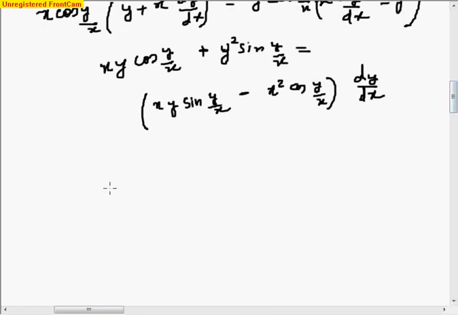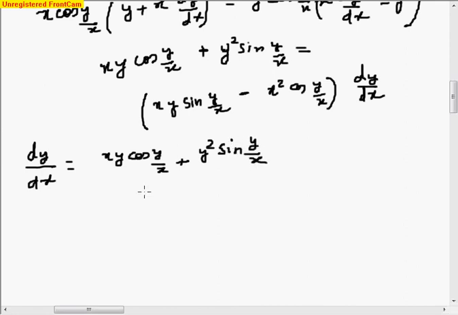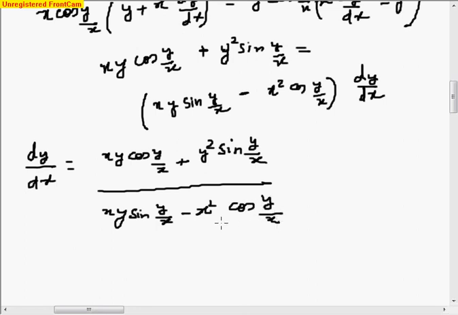dy by dx is equal to xy cos of y upon x plus y square sin of y upon x upon xy sin of y upon x minus x square cos of y upon x. Right?